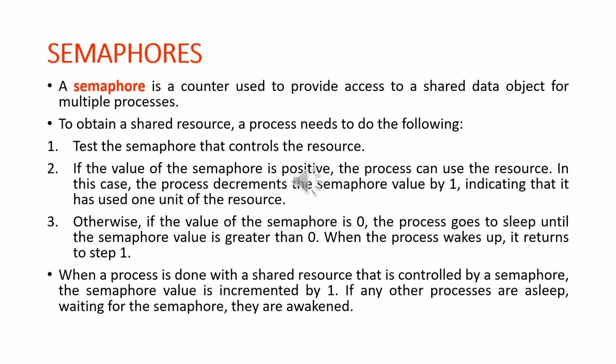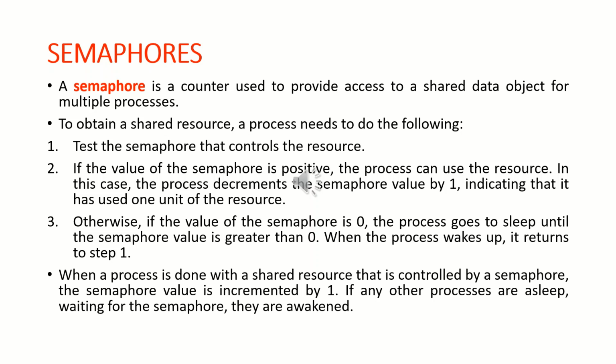A semaphore is a counter used to provide access to a shared data object for multiple processes. To obtain shared resources, a process needs to do the following. First, test the semaphore that controls the resource.